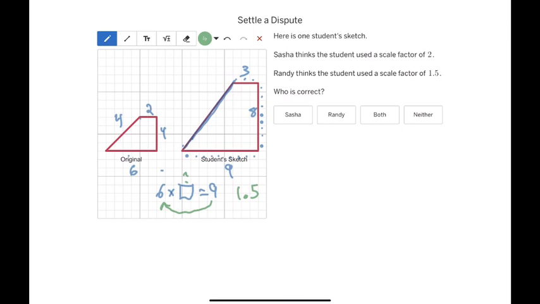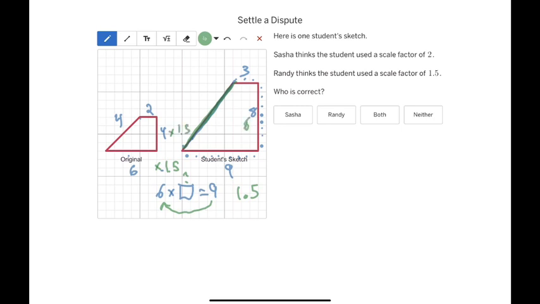So this distance here, we can't exactly count it because it doesn't go through the best grid marks. If we're multiplying everything by 1.5, then 6 to 9 would be 1.5. 4 times 1.5 would be 6.